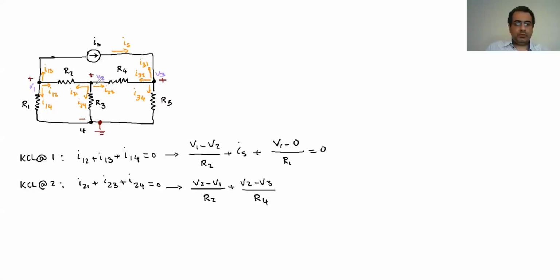And then 2 toward 4. Again, it's V2, the voltage at the reference is 0, and what is in between is R3. This is going to be 0.